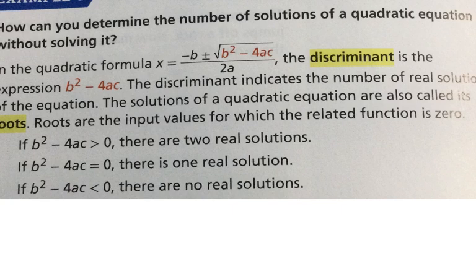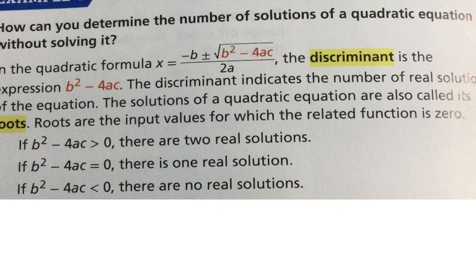That's just what they call it. The discriminant will tell us how many real solutions the equation has. The solution of a quadratic equation is also called its roots, its x-intercepts, its zeros. All the same thing. Roots are the input values for which the related function is 0.